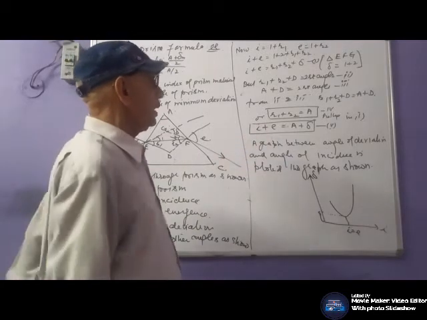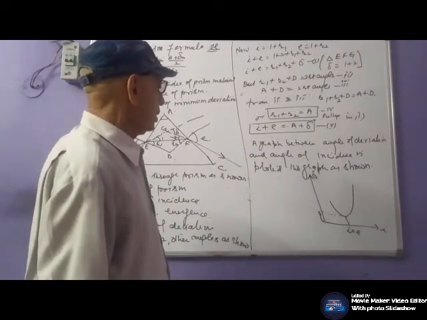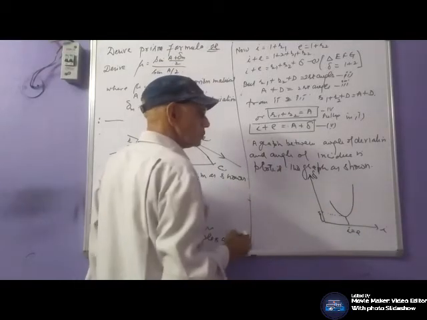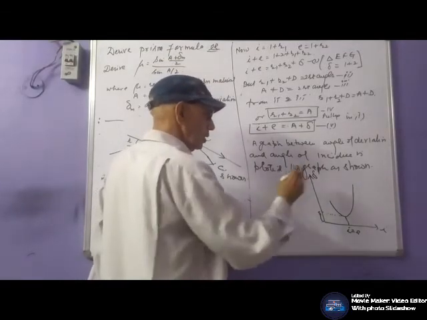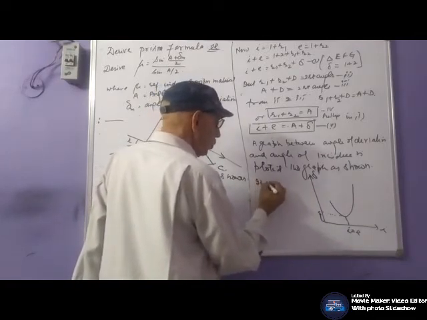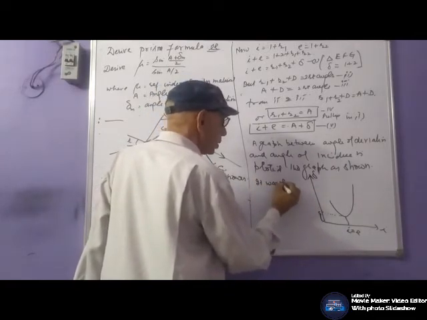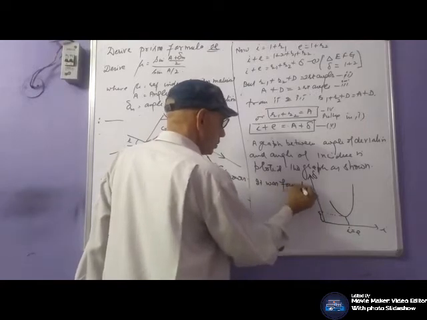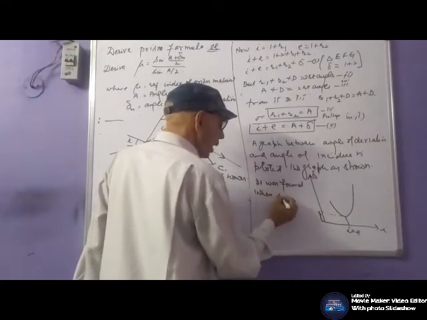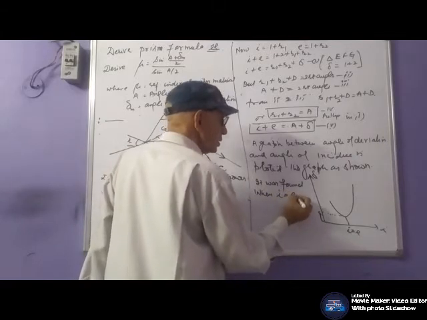A graph between angle of deviation and angle of incidence was plotted. The graph as shown, it was found when I is E.